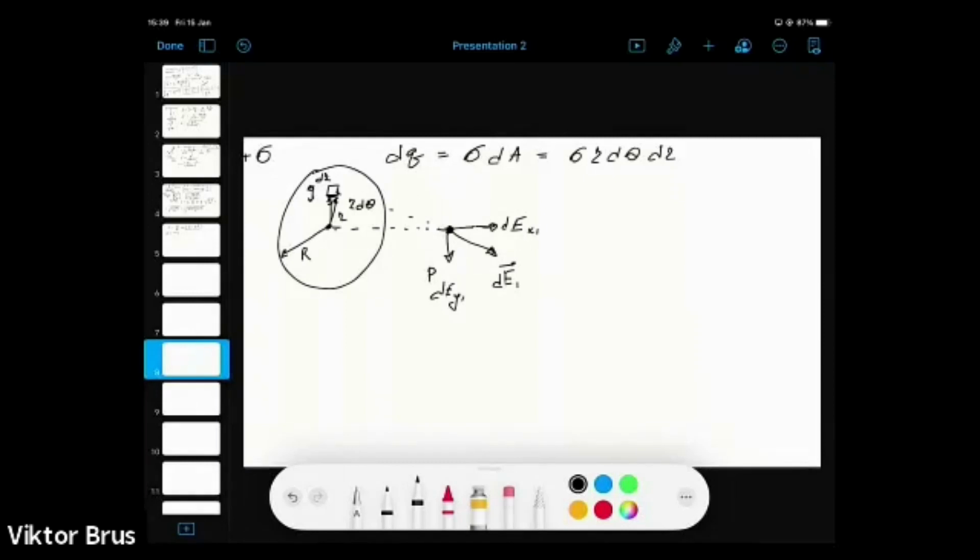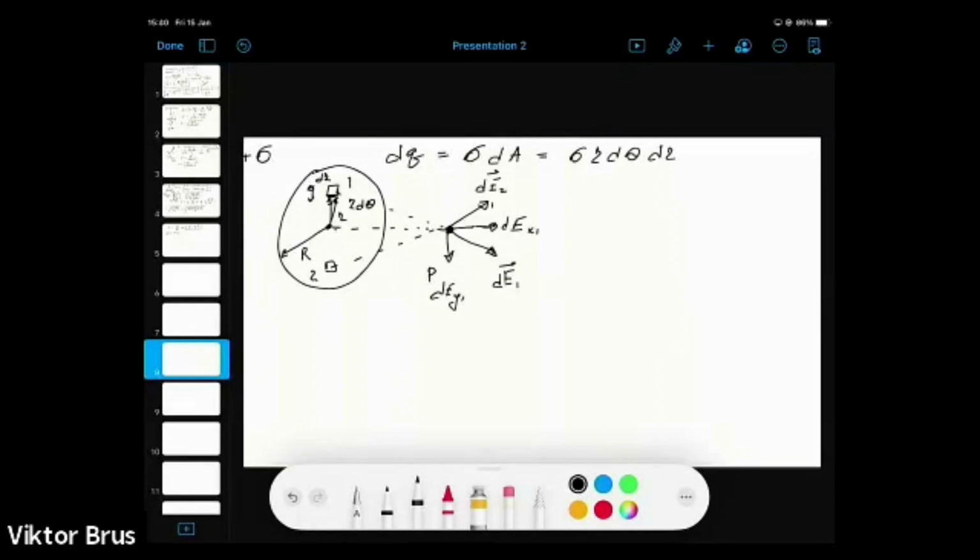Now let us consider a small area symmetric to the first one. Let's call this one 1, this one 2. We can always find a symmetric area for any given area segment, because it's a symmetric body. This will be dE2 vector.